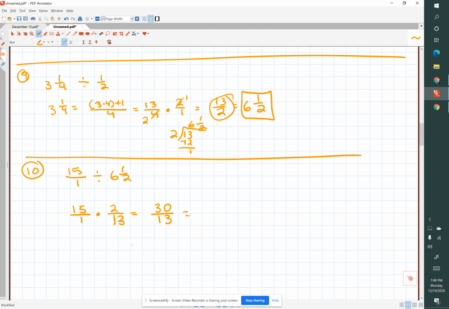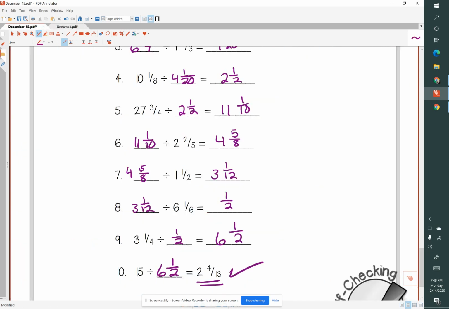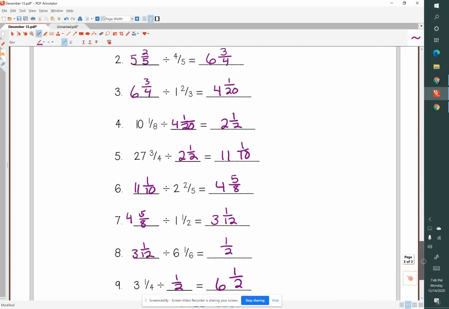And let's do the mixed number. So we'll divide 30 by 13. 2 times 13 is 26, with 4 13s left over. And let's see if that works. And it does.